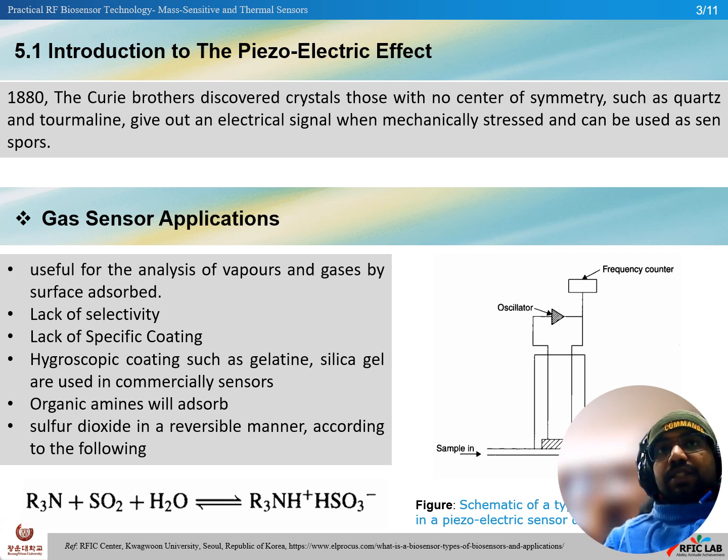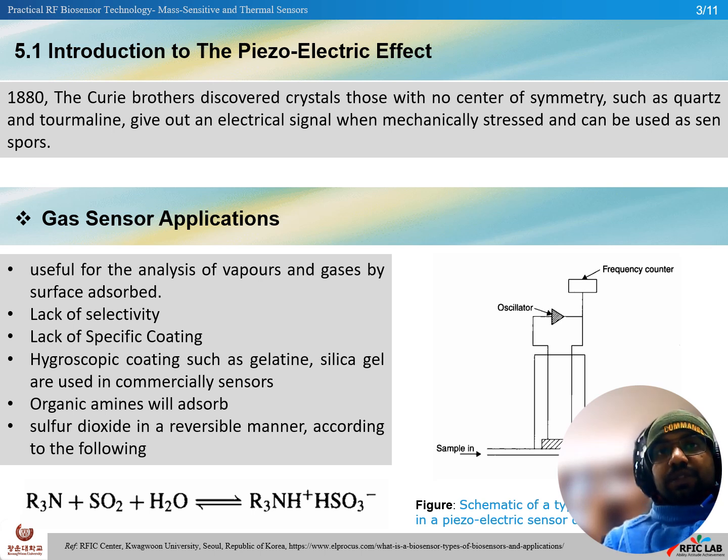Now, gas sensor application. The gas sensor application is useful for analyzing vapor and gas by surface absorption, and it also lacks sensitivity and has very little specific coating, and for that we also have a very good hygroscopic coating, such as gelatin and silica gel, used in commercial sensors.